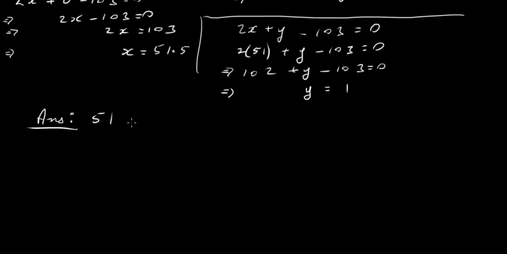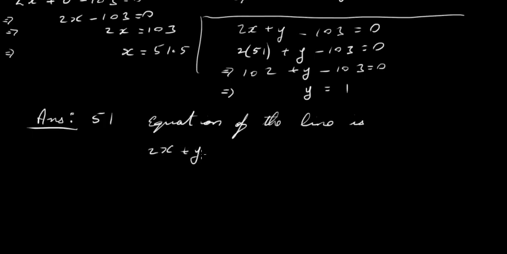So the reason here is because the equation of my line was 2x plus y minus 103 equal to 0.